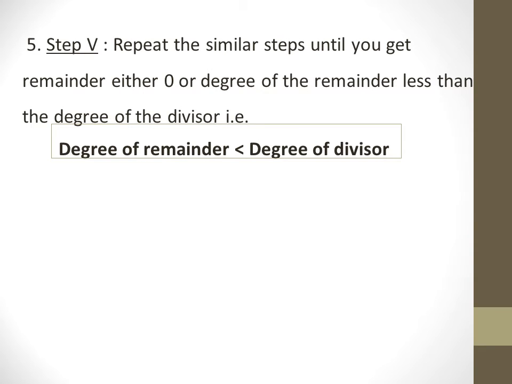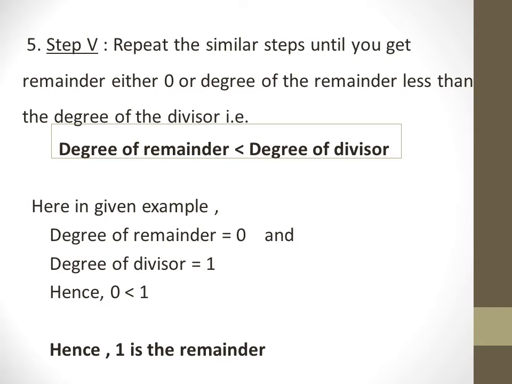The same thing is written in step 5, that you have to repeat the division till you get a remainder whose degree is less than the degree of the divisor. The same thing is written here. Degree of remainder is 0, degree of divisor is 1, hence 0 is less than 1, hence 1 is the remainder. Let me know if you have any query about this.